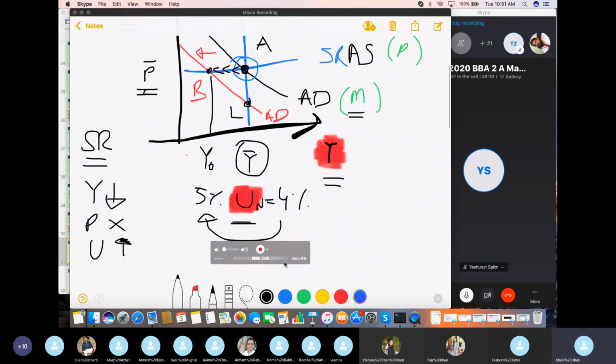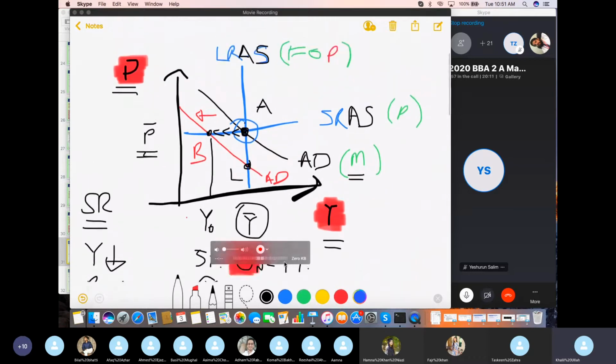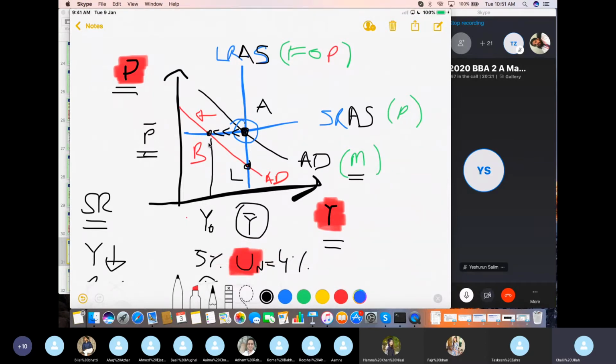What happens in the long run is that the economy starts moving from the short run equilibrium, point B, where the short run supply is cutting the aggregate demand. We assume that in the short run prices were sticky, but in the long run prices start to change.